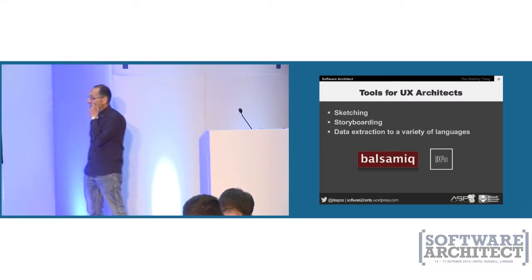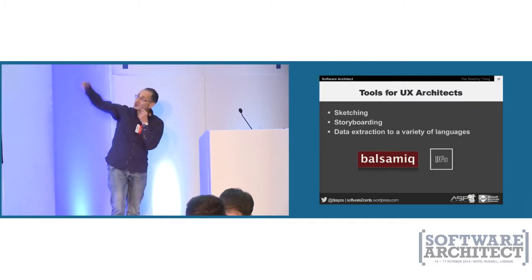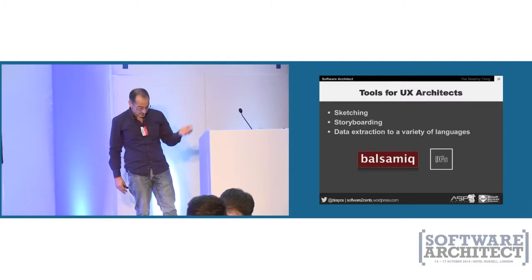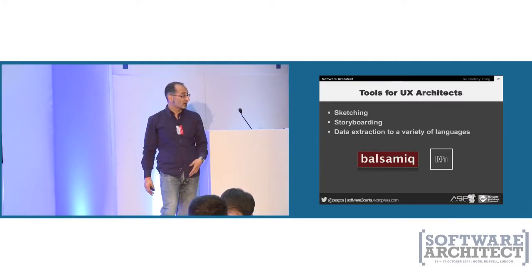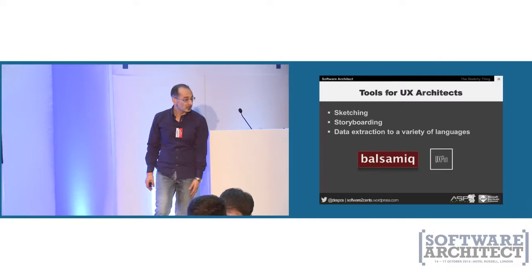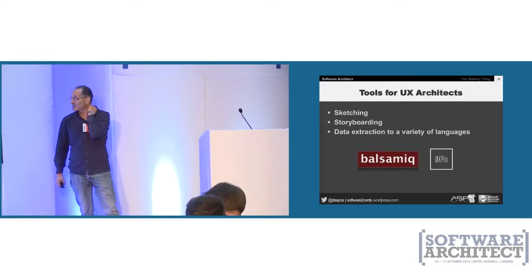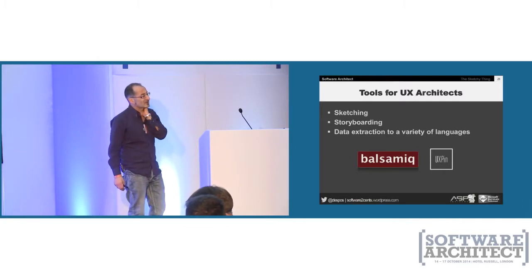A couple of tools that I know which do part of this job are Balsamiq, which is a desktop product, but also a cloud product you subscribe to, and UXPin, which is only available, as far as I know, as a cloud system.